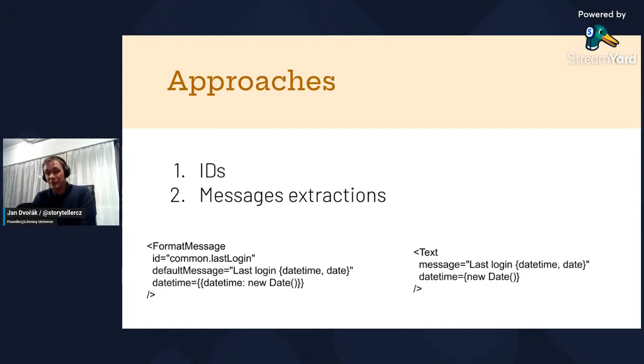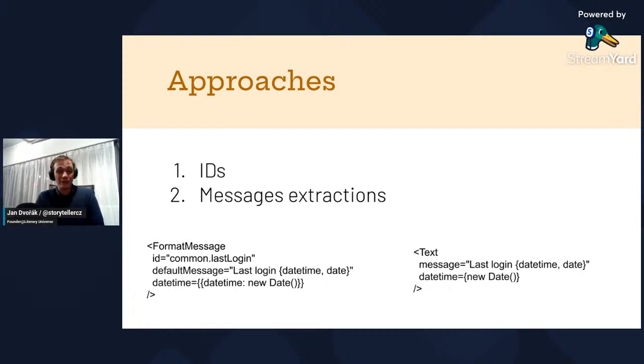Message extraction is what Facebook, if I remember correctly, does, and it's very popular with developers, because you don't have to think and worry about the IDs. You don't have to worry about the translation file. You just have the build process handle that.